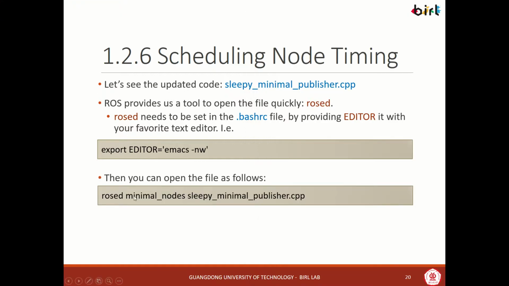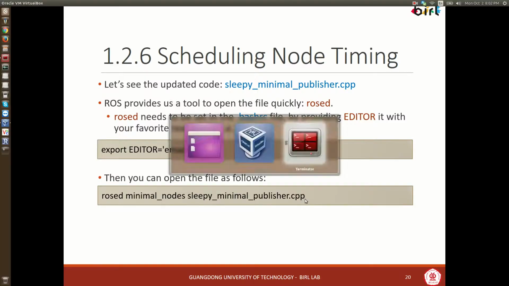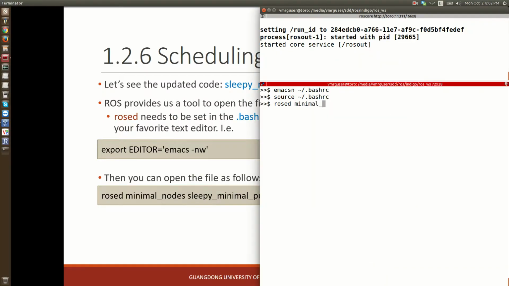You have the package name, for example, minimal_nodes, and then the name of a file within that package that you want to open. So it can be rosed minimal_nodes, and anything else after that.